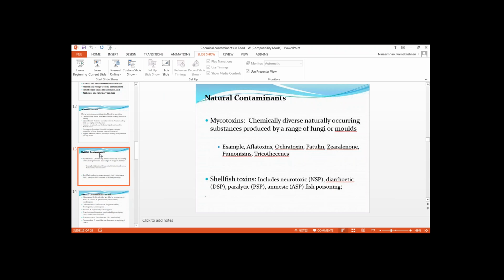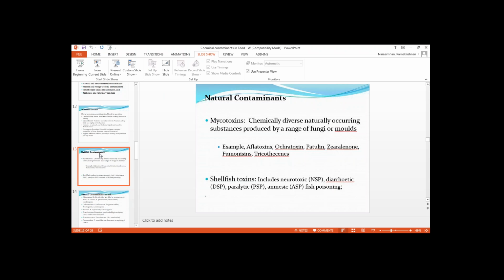Aflatoxins are produced mainly by some strains of Aspergillus flavus or Aspergillus parasiticus. There are four main aflatoxins: B1, B2, G1, G2, plus two more, M1 and M2. The aflatoxins are potent liver toxins in most animals and also carcinogens.